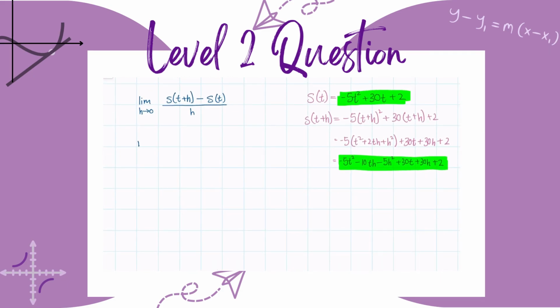So we have limit h approaching 0, and then negative 5t squared minus 10th minus 5h squared plus 30t plus 30h plus 2. Subtract that whole thing with negative 5t squared plus 30t plus 2, divided by h.